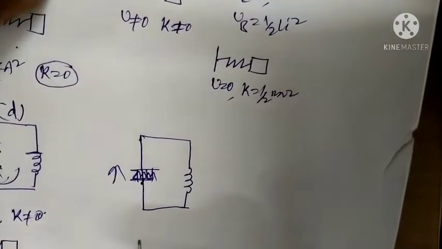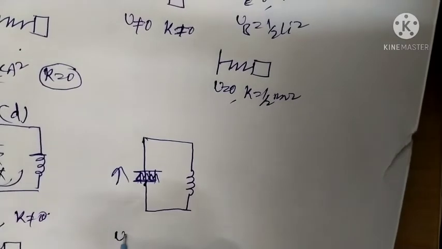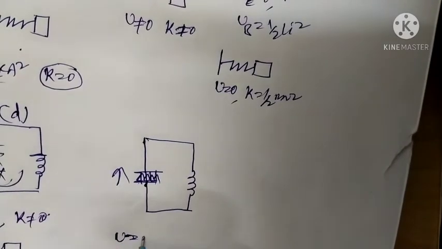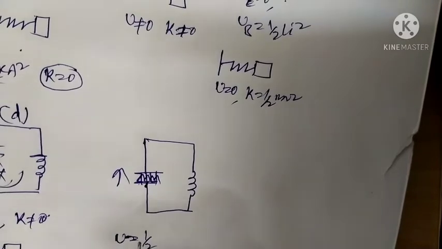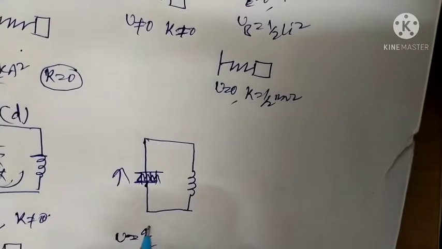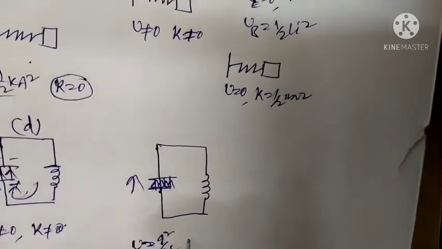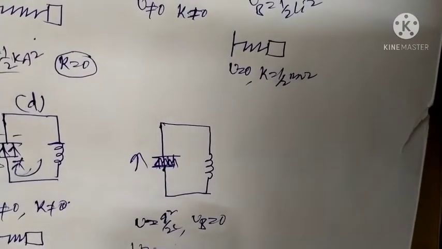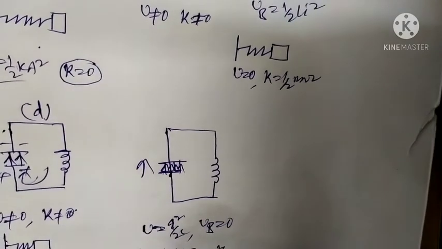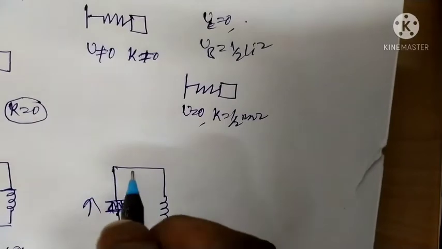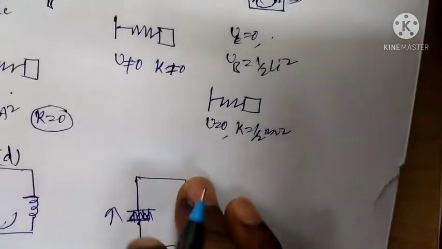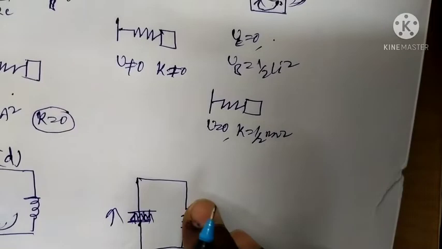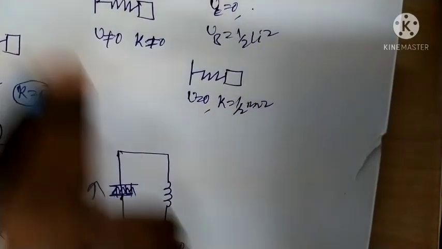Here the energy stored in the capacitor is equal to Q squared by 2C, and the magnetic field will be 0. Kinetic energy will be 0, but the direction is opposite compared to the first case, and the fifth case is opposite to it.